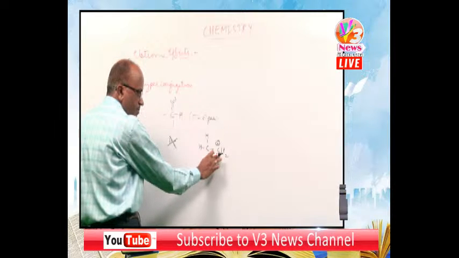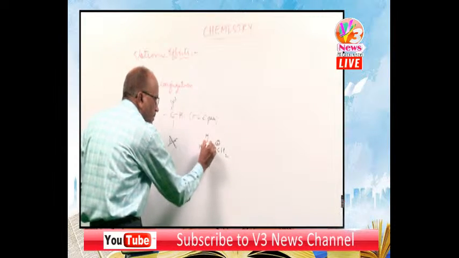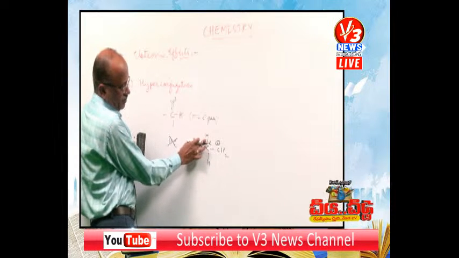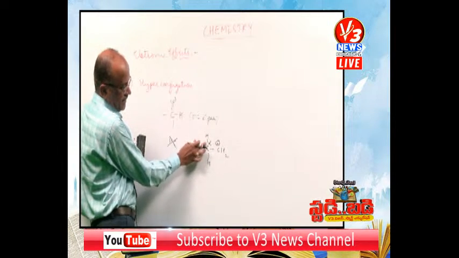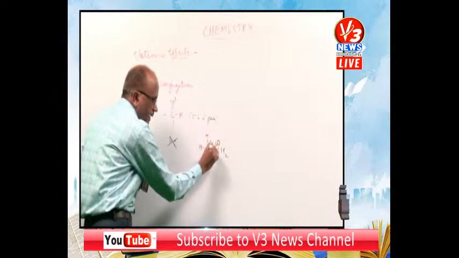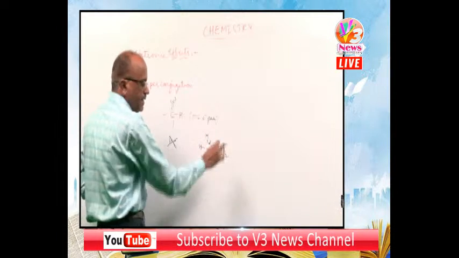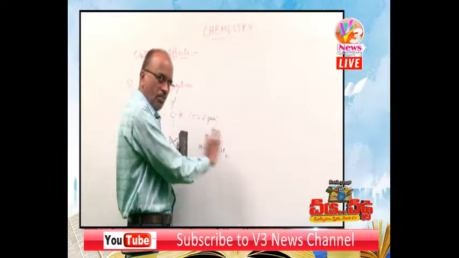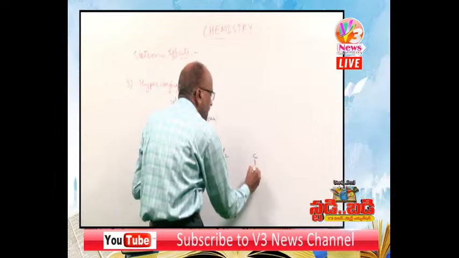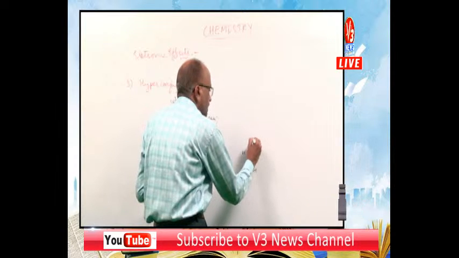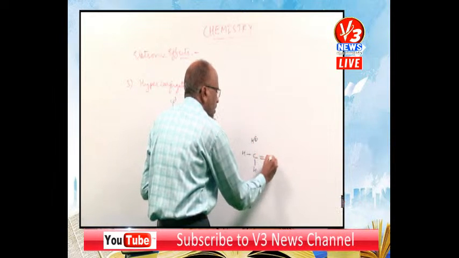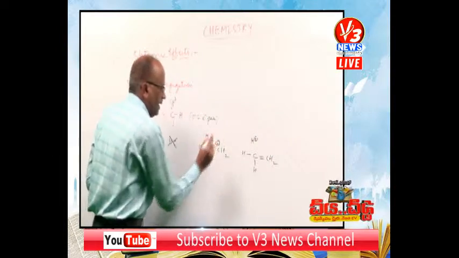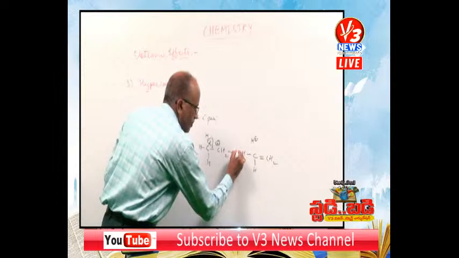Now the carbon attached to the carbon which has the empty orbital is called the alpha carbon. Now the electron pair from this CH sigma bond will be delocalized towards this unsaturated system. Then this hydrogen is shown without bond, so it becomes CH2, and here H plus, double bond CH2.